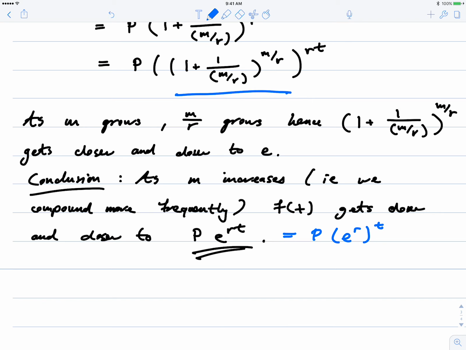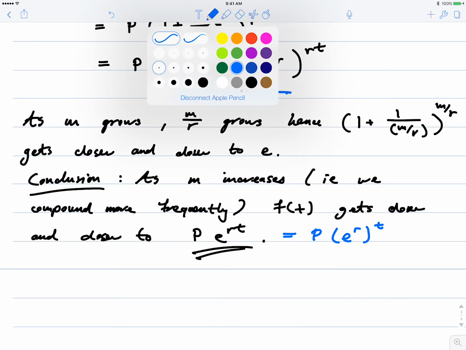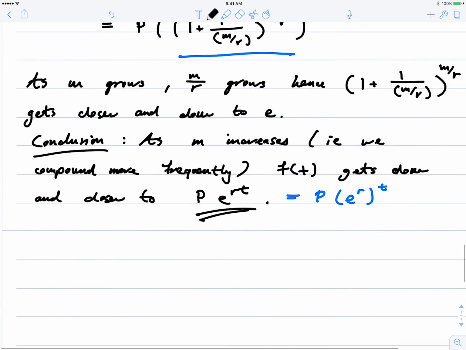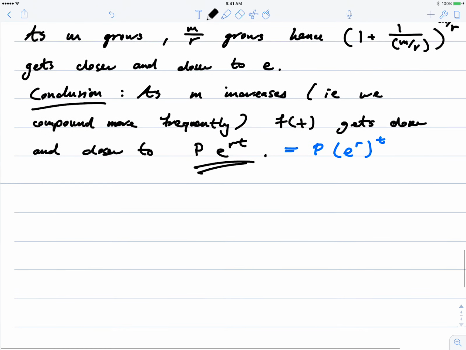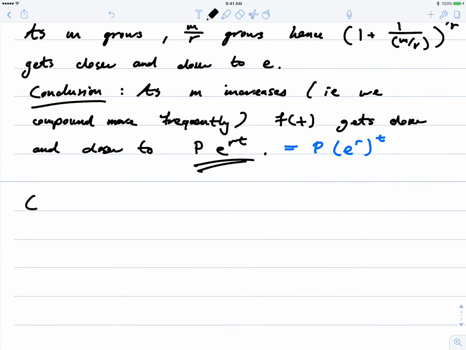So you're continuously compounding. So continuous compound interest is where the account balance is given by this formula. So let me write that down. So continuous compound interest.